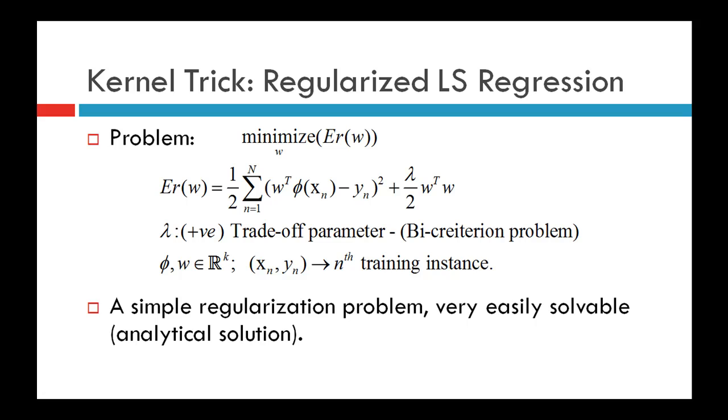So w transpose times phi of x_n minus y_n is the error over the training instance (x_n, y_n), and likewise we sum over all training instances. We take the square of the error and then we add the regularization term, w transpose w, and lambda is a positive trade-off parameter, and therefore this problem is a bi-criterion problem.